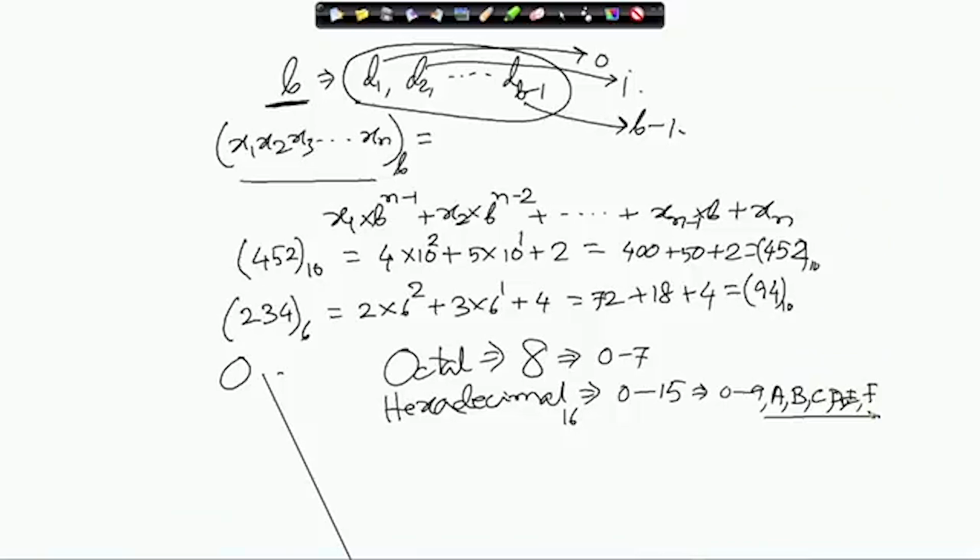Okay. So, let us next consider how to convert a number from one number system to another number system. The trick is, when you are converting from the decimal number system to a number system of a different base, we go on repetitively dividing the number by that base.